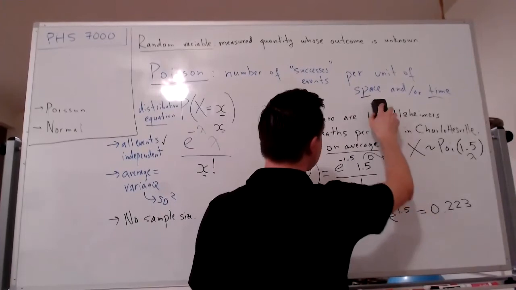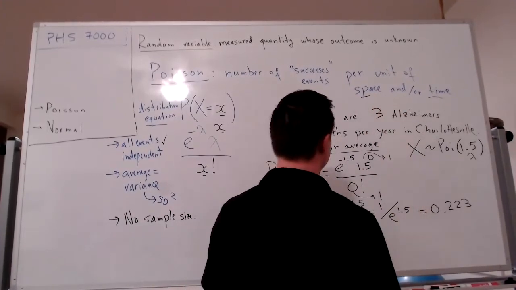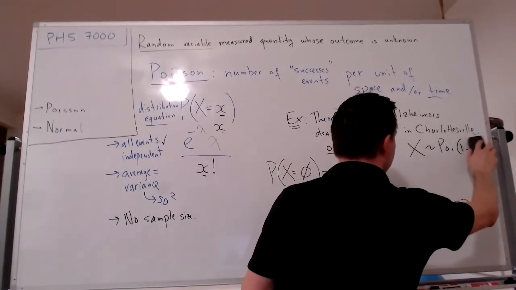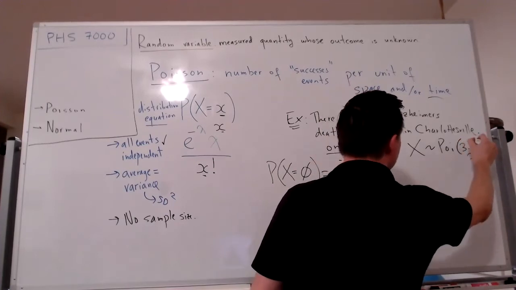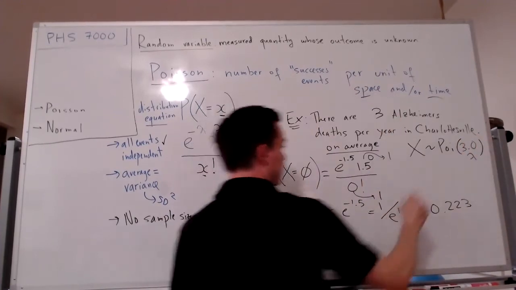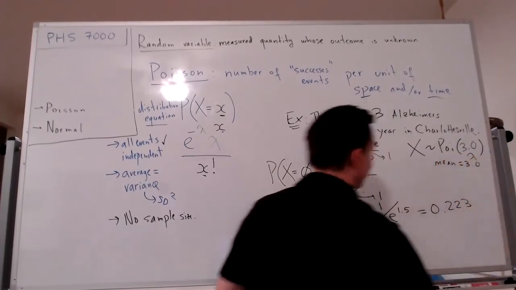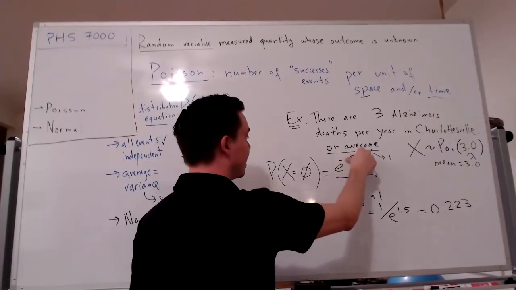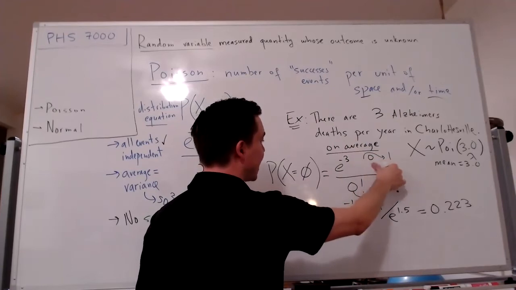All right, so suppose instead of 1.5 deaths, I now have 3 Alzheimer's deaths per year. I just changed the average of my distribution. The mean is now 3 deaths per year in the city of Charlottesville. I can still compute the probability of exactly 0.